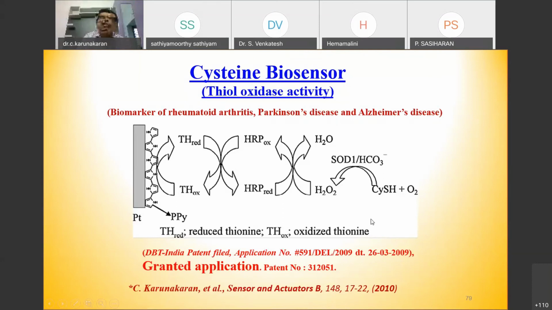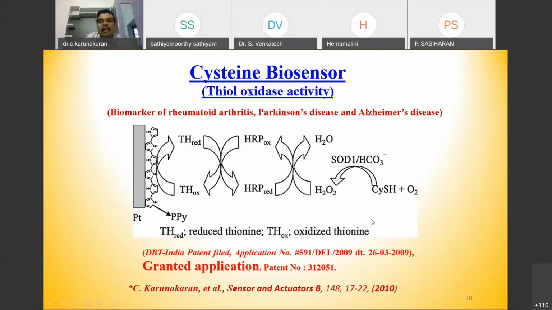We have fabricated the virtual electrochemical analyzer. The advantage is that it can be used for any biosensors. Any biosensor can be used with this virtual electrochemical analyzer.